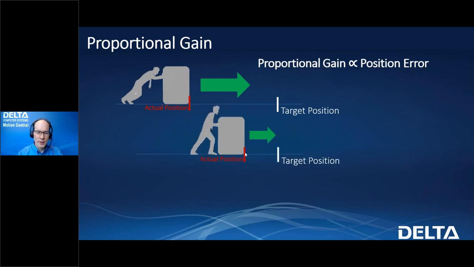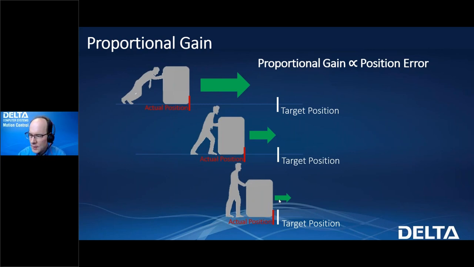If we're not as far away, we give less control output. And if we're really close, we give even less. So the proportional gain gives us an amount of control output proportional to the position error. Small position error, we give a little bit, large one more, and a very large one even more. That's the way the proportional gain works.